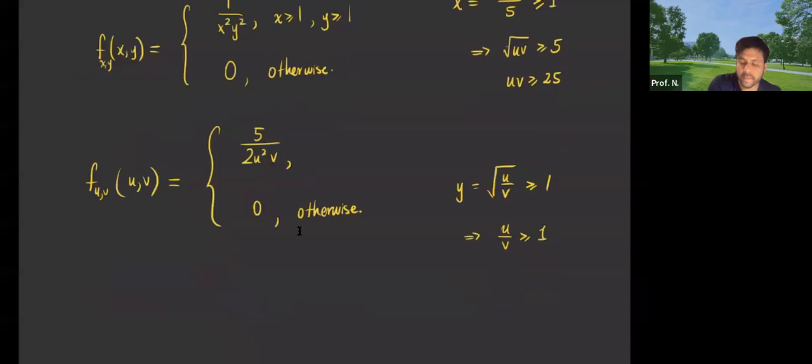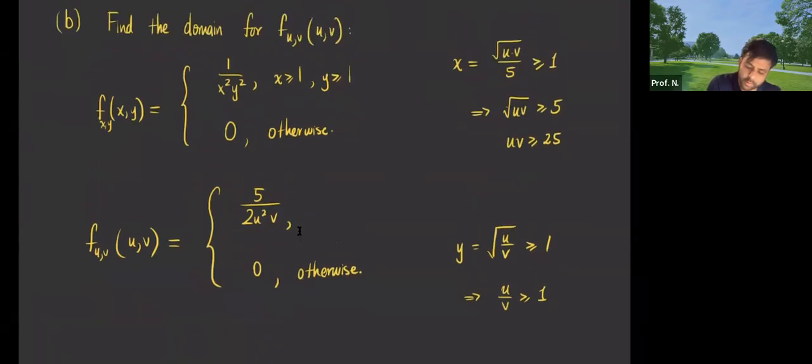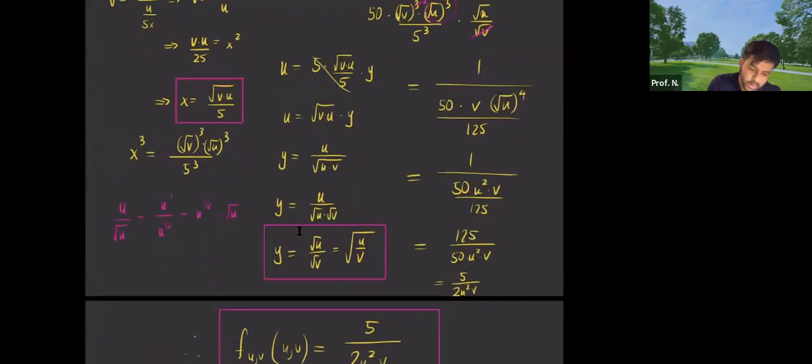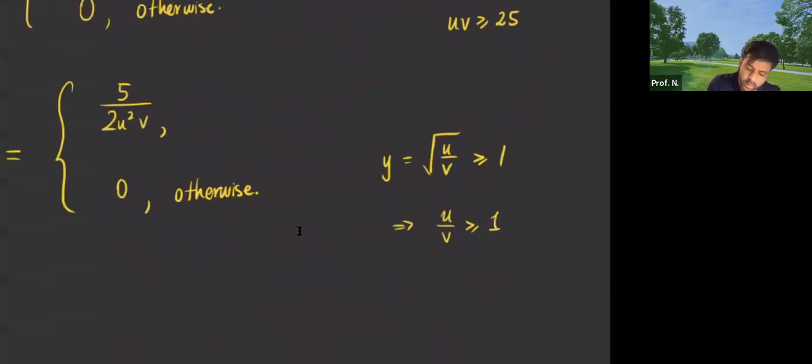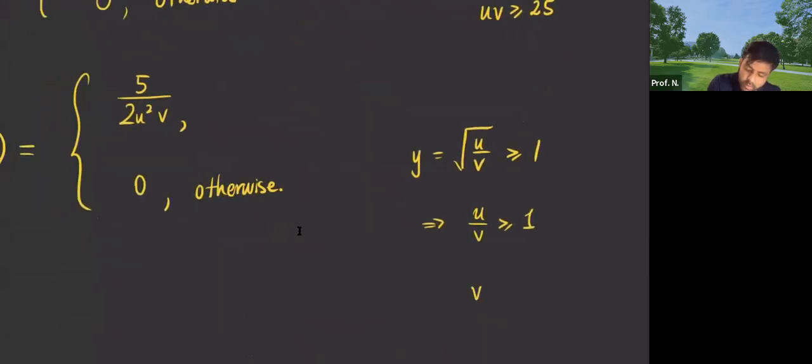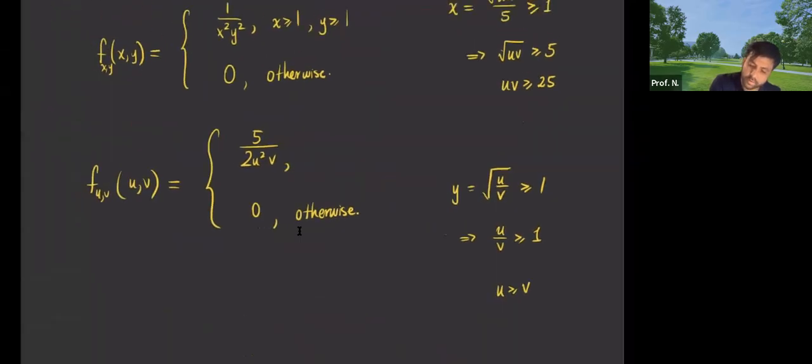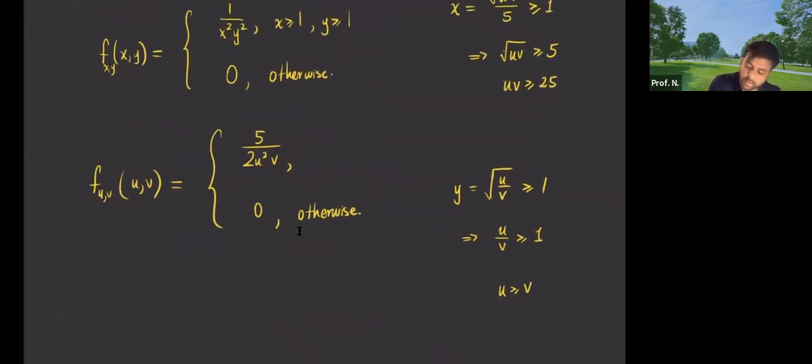And we can say that u is greater than or equal to v. Or we can write it this way, v is less than or equal to u.